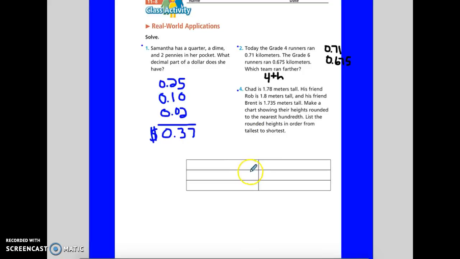All right, so I've placed a chart in here to help us, and we'll start by just writing these numbers out. So Chad had 1 and 78 hundredths, and Rob has 1 and 8 tenths, and Brent has 1 and 735 thousandths.